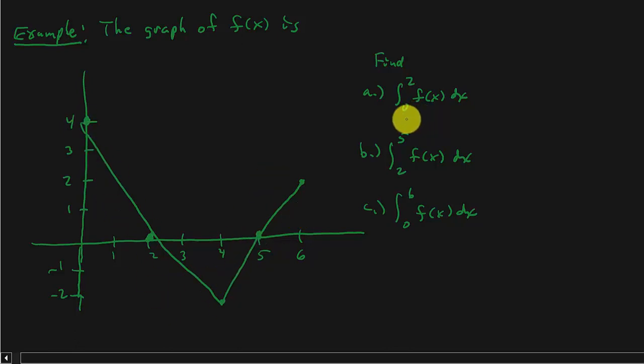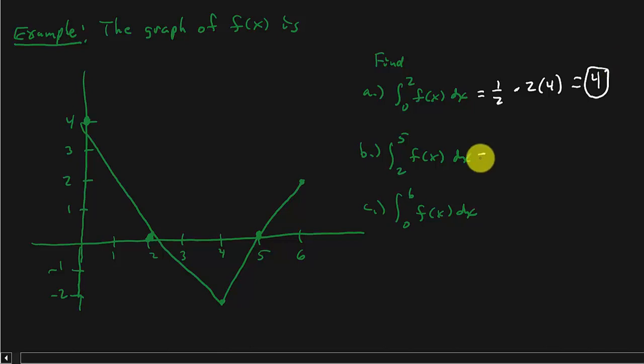So if I want the area under the curve from 0 to 2, I can see that is going to be 1/2 of 2 times 4. It's half the base times the height. The base is 2 and the height is 4. And so that's going to give me 4 as an answer. Okay, that's what they're wanting you to do here.